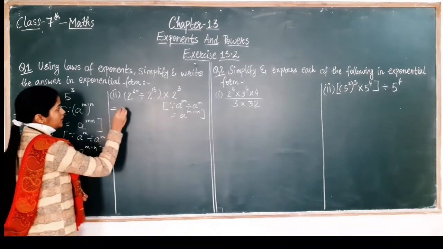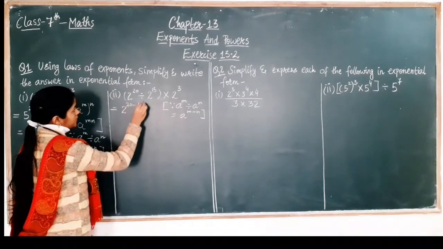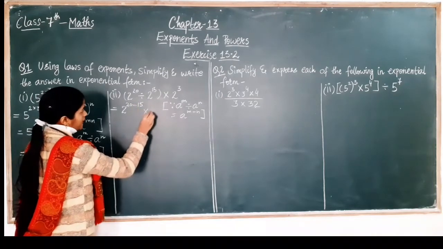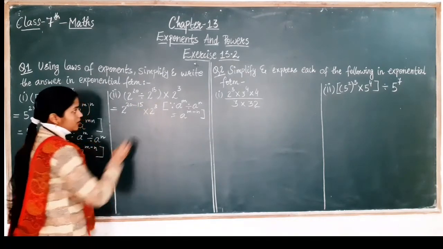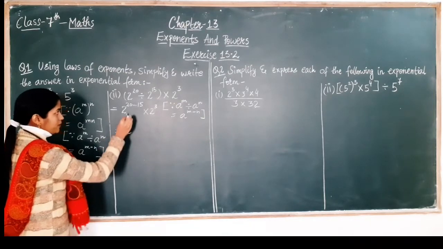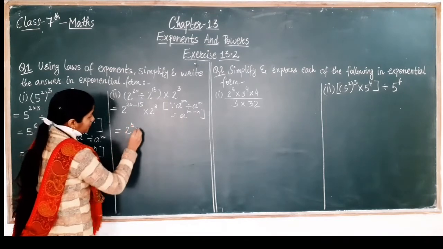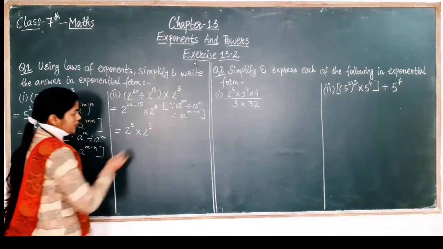So we get 2 raised to the power 20 minus 15 multiplied by 2 raised to the power 3. Okay. So 2 raised to the power 20 minus 15 is 5, multiplied by 2 raised to the power 3.